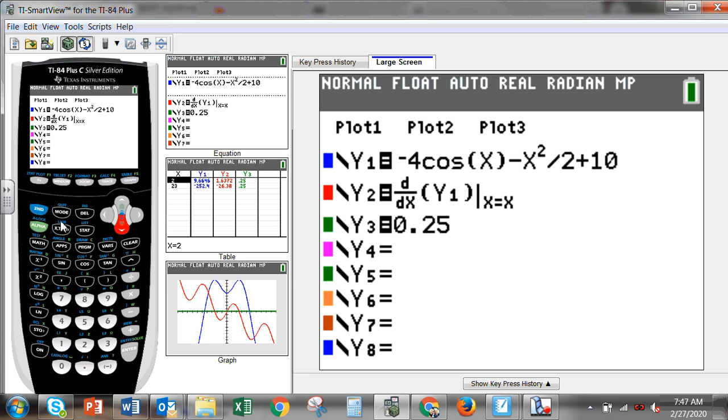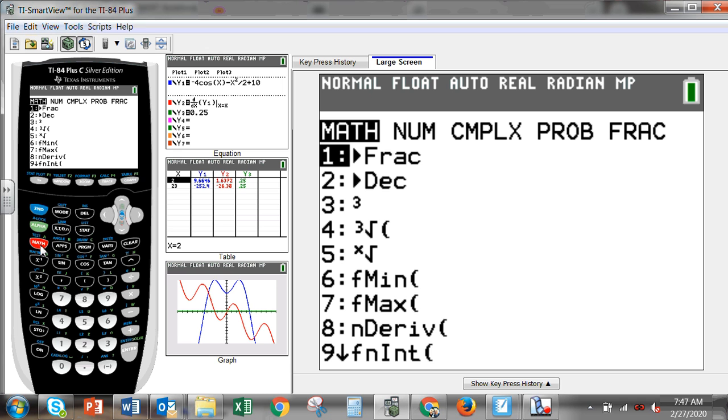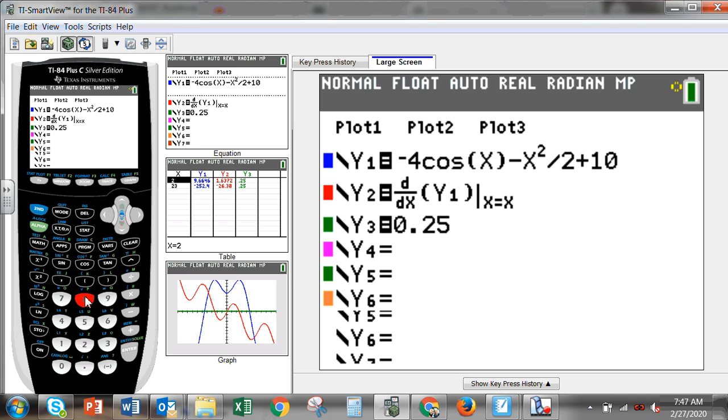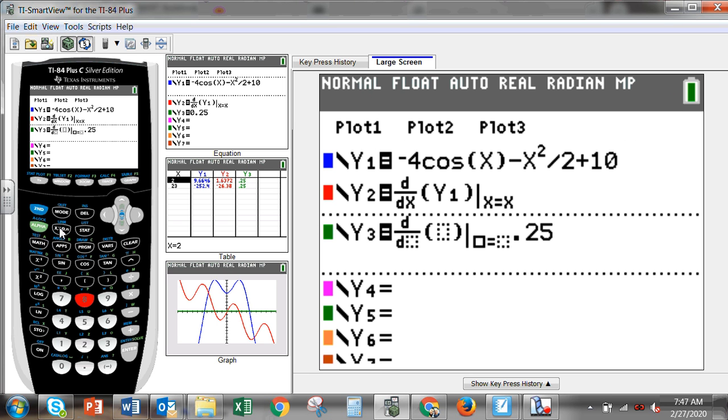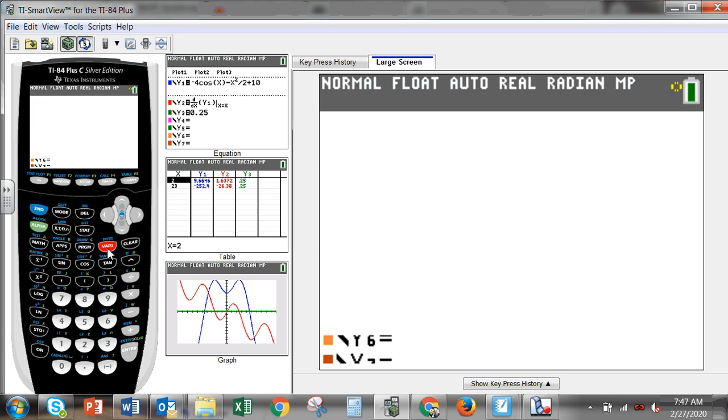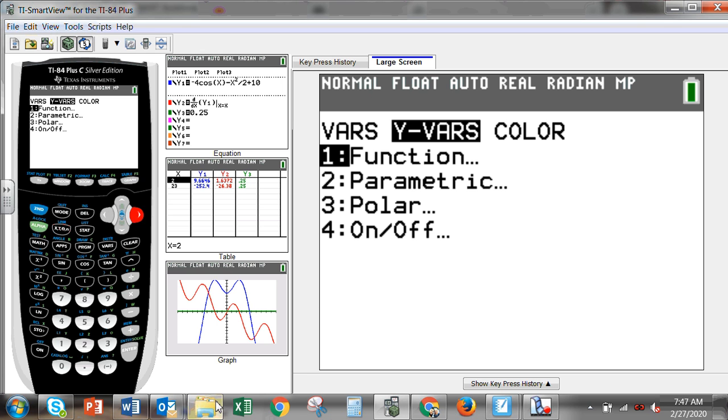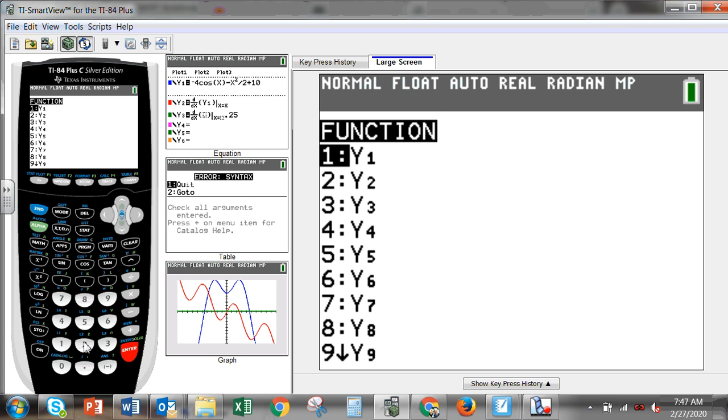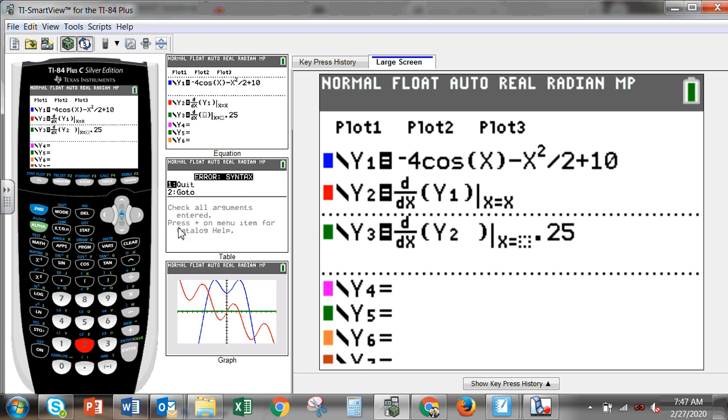Let me take the derivative of this. So that's my math button. Choice 8 is nDeriv. So I'm saying let's take the derivative of the first derivative, which is y2. So I hit vars, go over to y-vars, function, y2, which is choice 2, and I'm going to graph it.